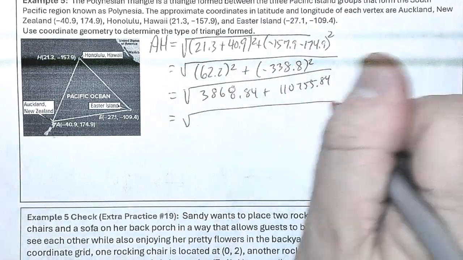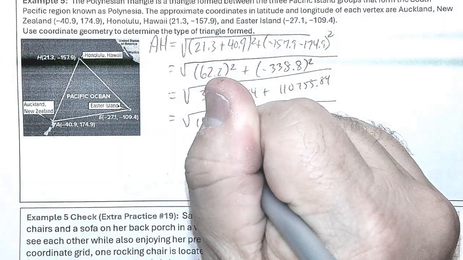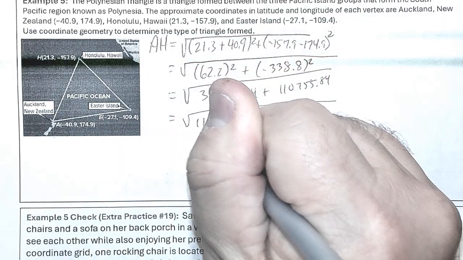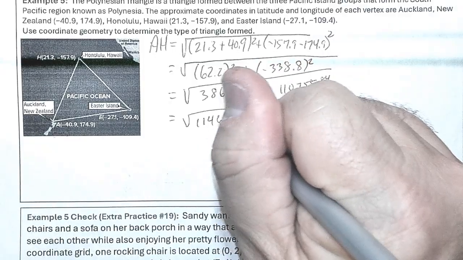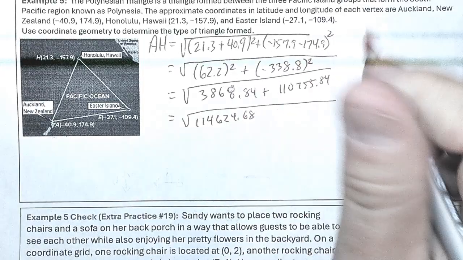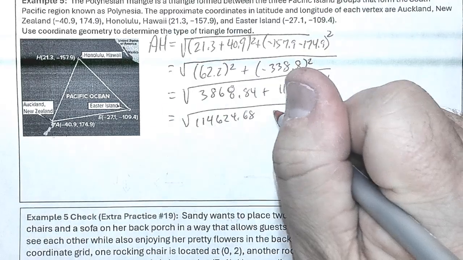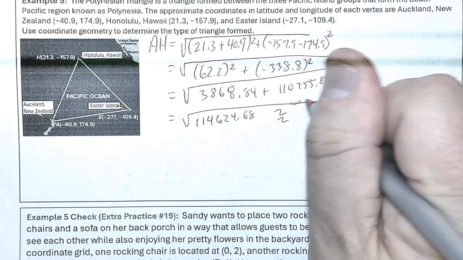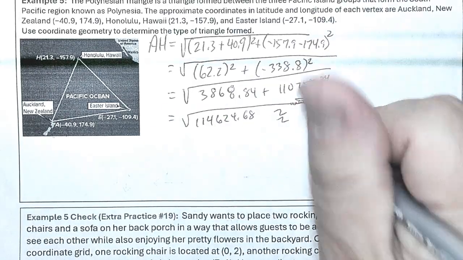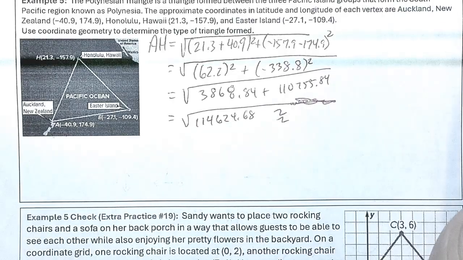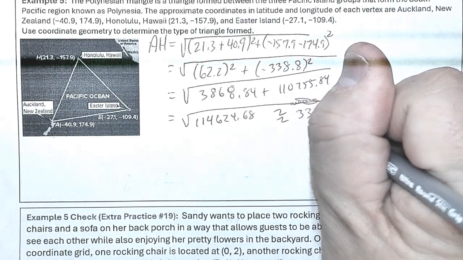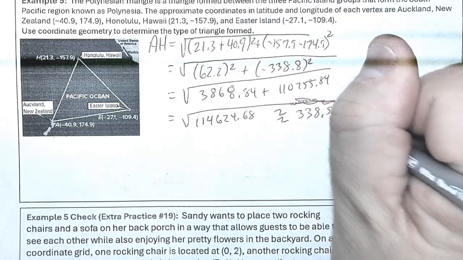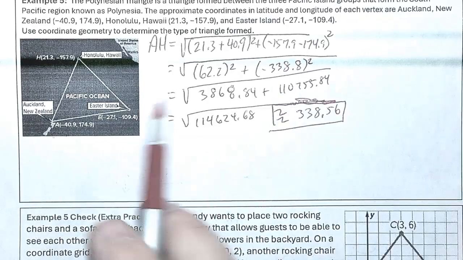We add those two together, we get 114,624.68. And you take the square root of that, and you get approximately, let's just do this so we don't get confused, the square root of 114,624.68 is approximately 338.56. So we round it up here. So that's the length of AH.